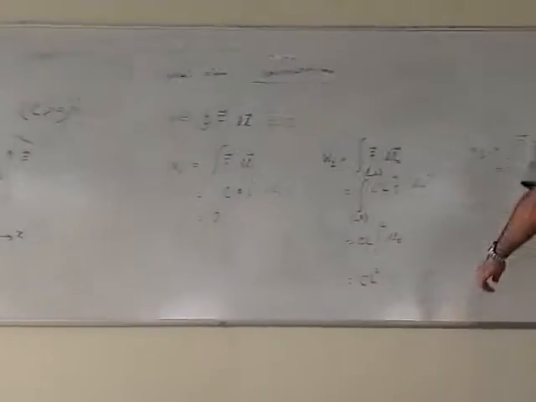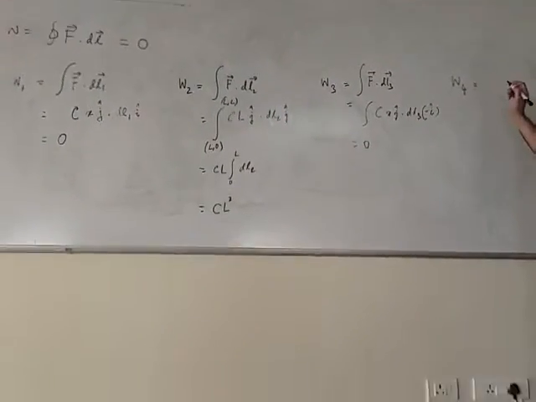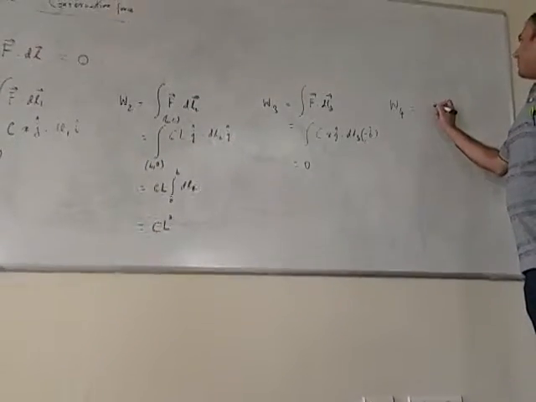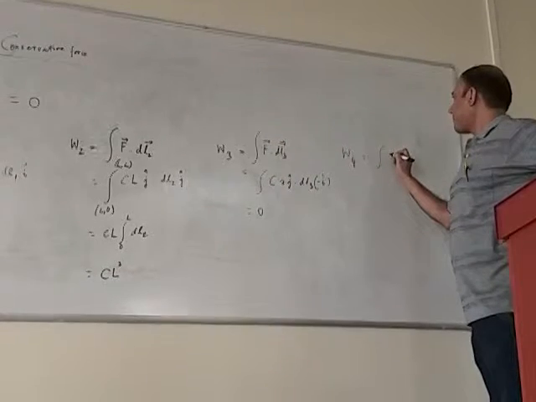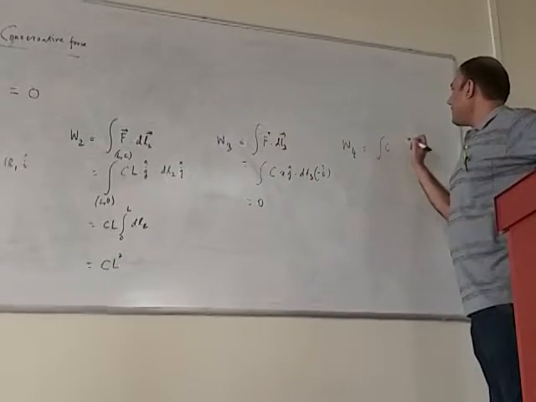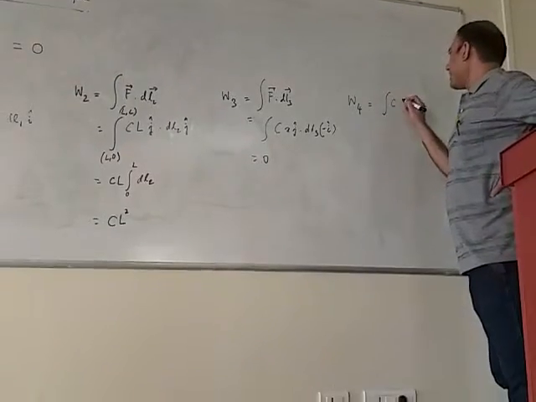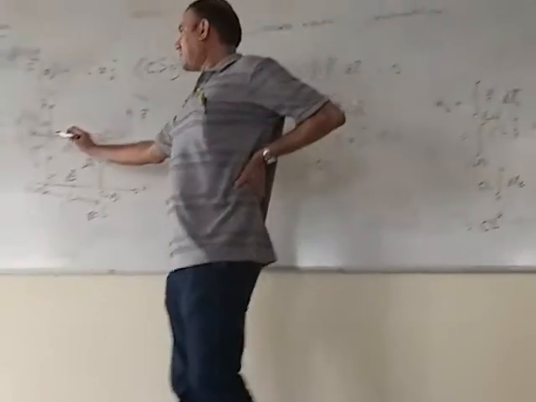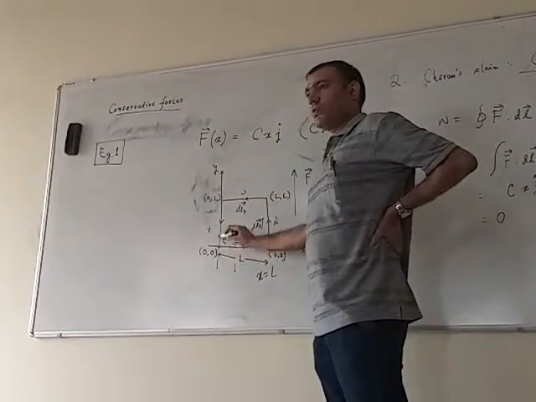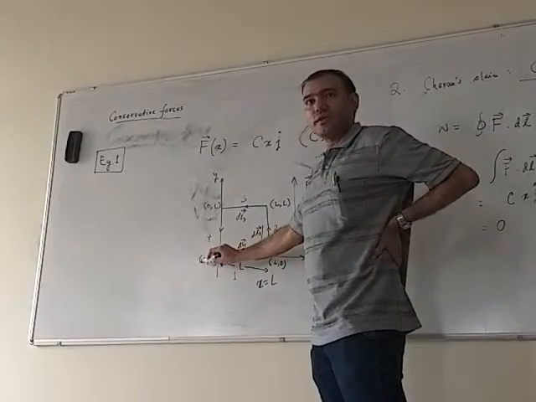What about the final one? Fourth one, minus j cap, square. So it will be minus CL squared. Let's do that. C times 0 already, right? Because you're right there at x equal to 0. See the x coordinate.